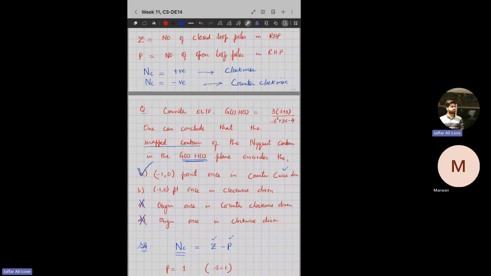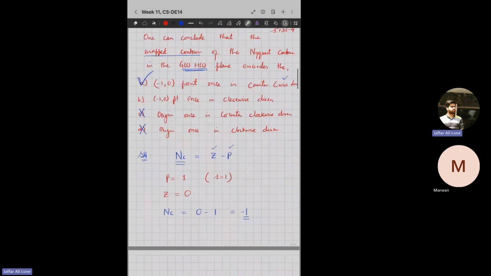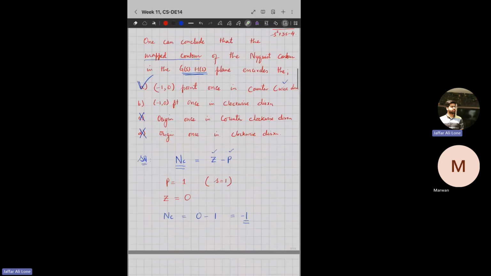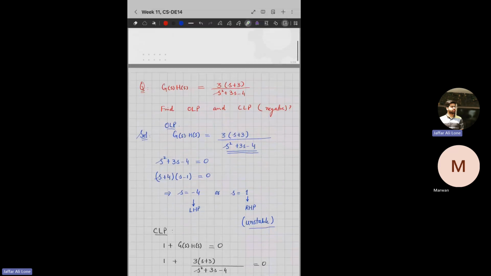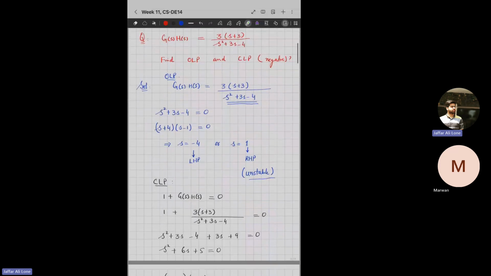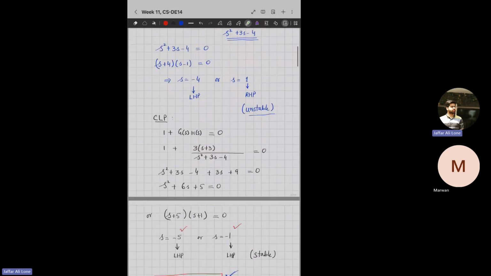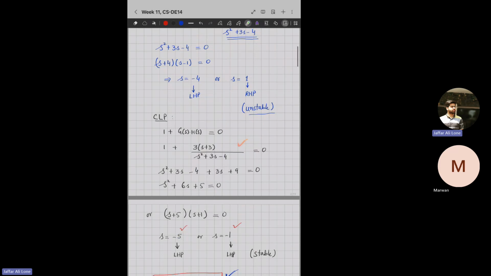Then the second thing is we need to calculate NC, which is Z minus P. So we have already started our lecture with this question where we had to find open loop poles and closed loop poles. Open loop poles we directly solve from the denominator of the open loop transfer function, and for closed loop poles we form the characteristic equation assuming negative feedback if not given.